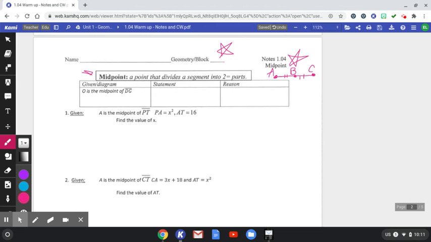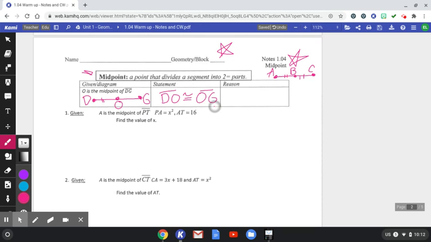And given a diagram, right? So O is the midpoint of DG. Those are just words and symbols right now. What we can do is make a diagram of that. O is the middle of segment D to G. So if we start with the big segment DG, we can kind of estimate the middle to be point O. So we have segment DOG, where DO from D to O's length would measure the same as O to G. So our statement here would say that DO as a segment is congruent to OG.